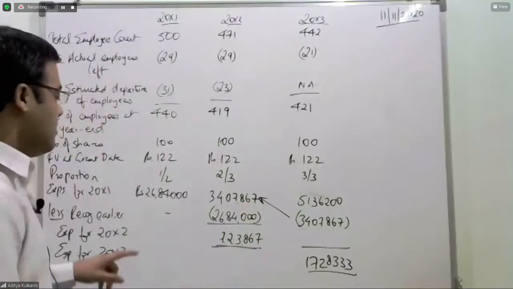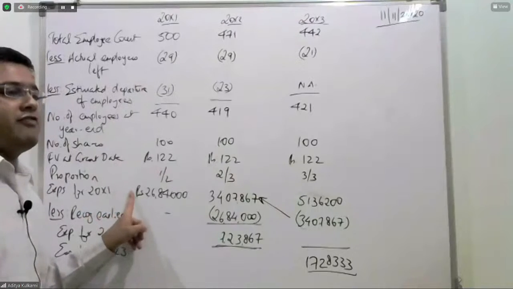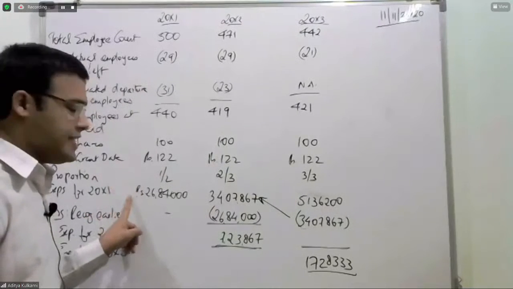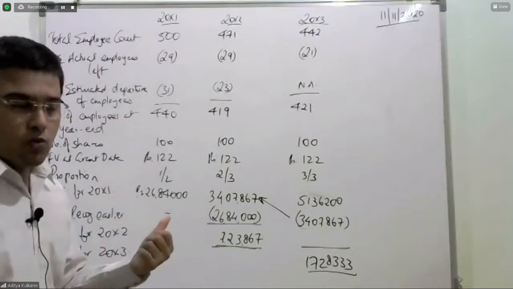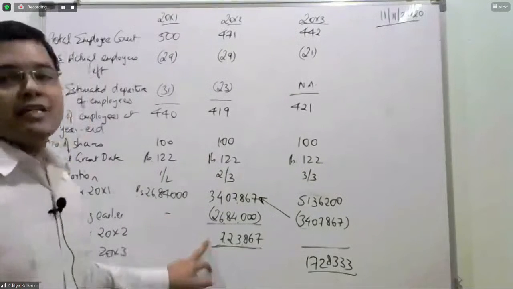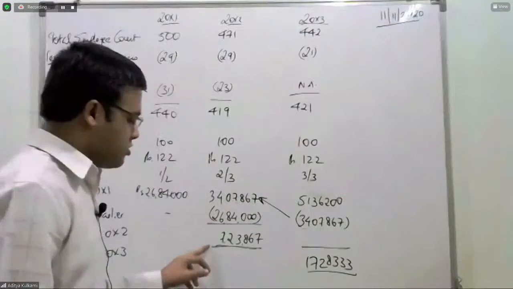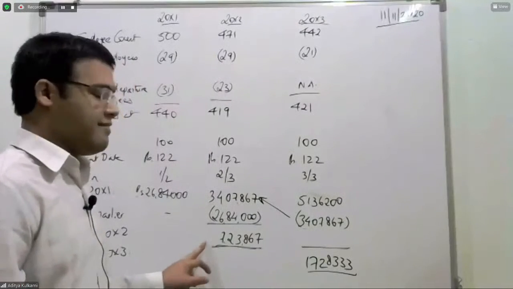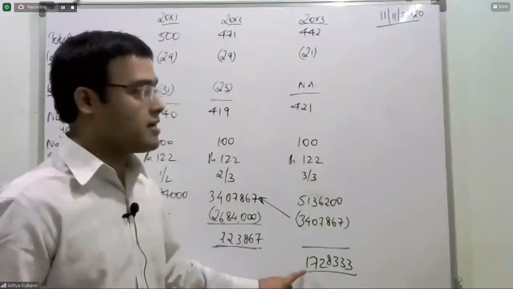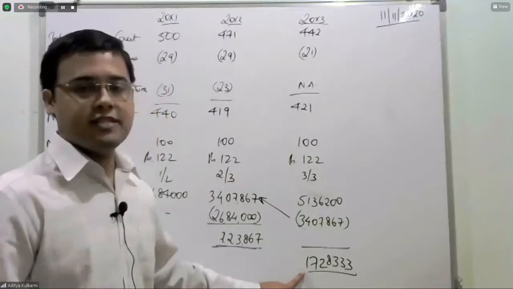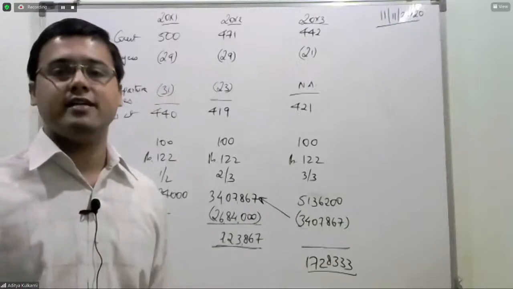Now you will pass entries: employee benefit expense account debit to SBP reserve 26,84,000 for year 1, employee benefit expenses account debit to SBP reserve 7,23,867, employee benefit expenses account debit to SBP reserve 17,28,333.